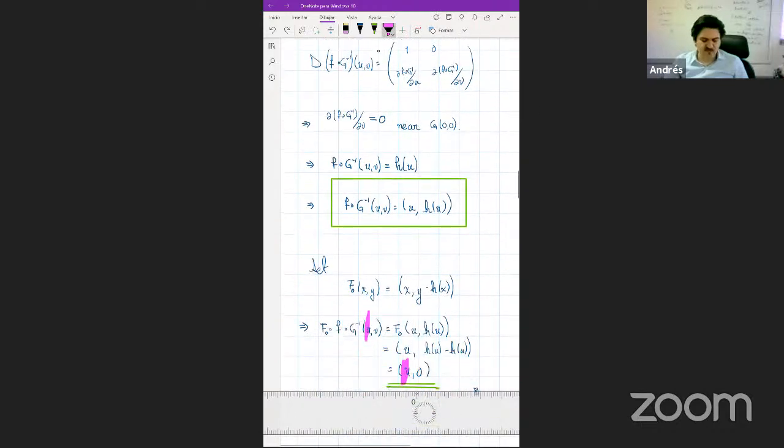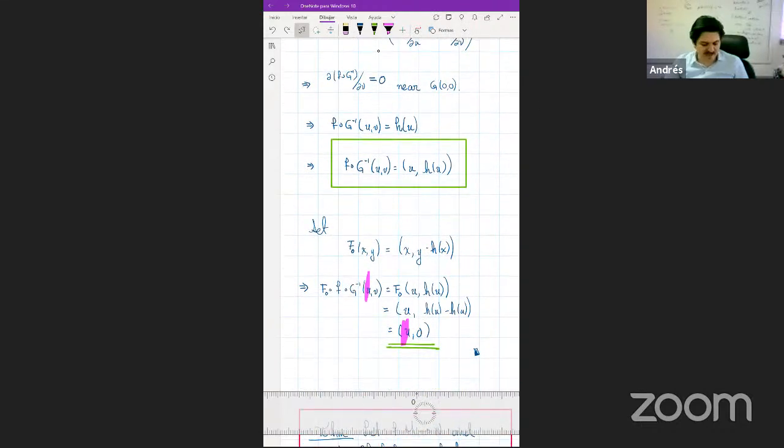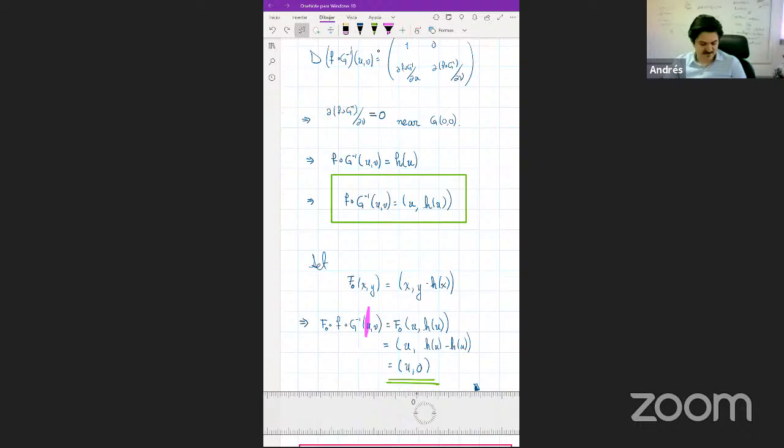And then once again, we rely on the rank of the map to make the vanishing of the other entries. Okay, so this is the proof of the constant rank lemma for Euclidean spaces.